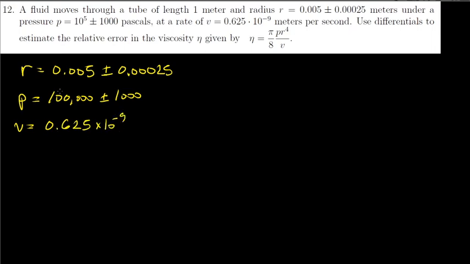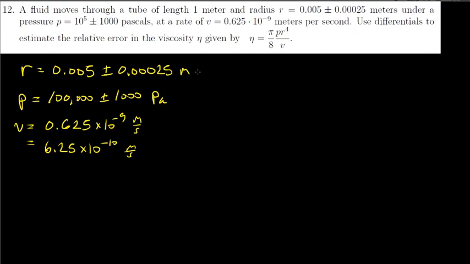I know that's not scientific notation; it should be 6.25 times 10 to the negative 10. This is in meters per second, and pressure is in pascals, a Newton per meter squared. And then this is in meters.